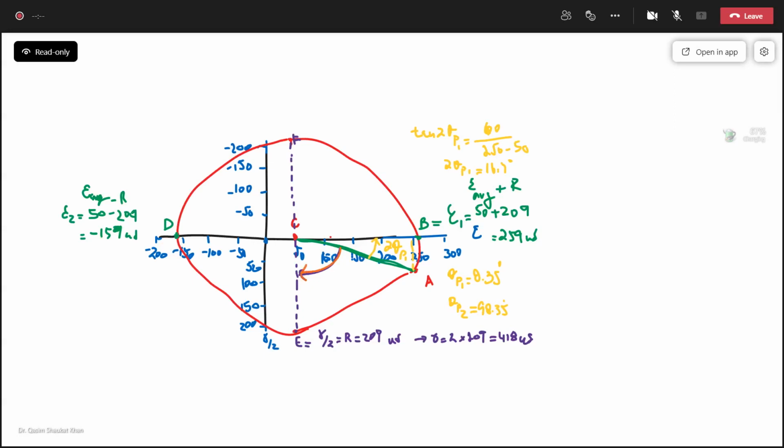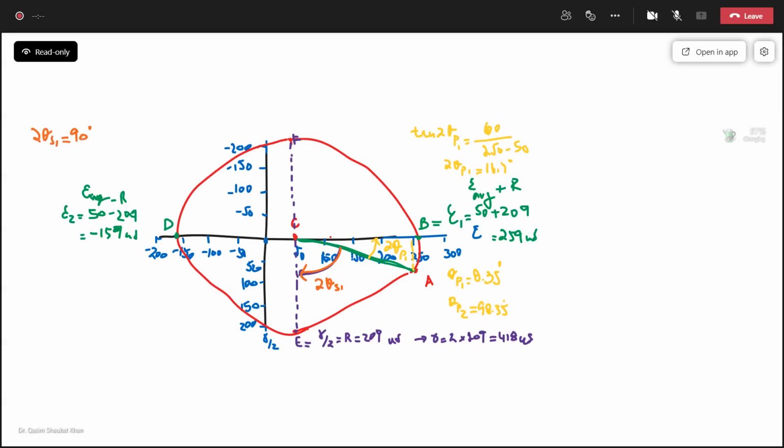So this angle will be 2 theta S1. 2 theta S1 will be equal to 90 degrees minus 2 theta P1.